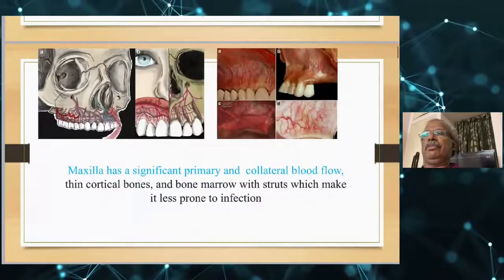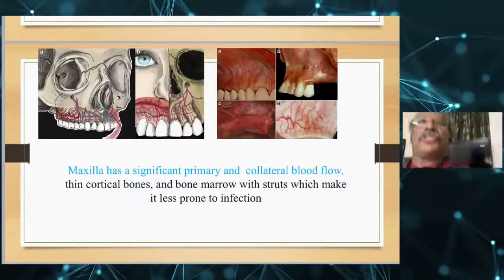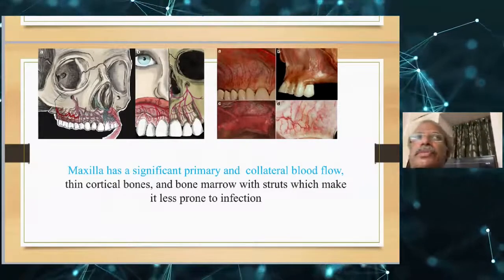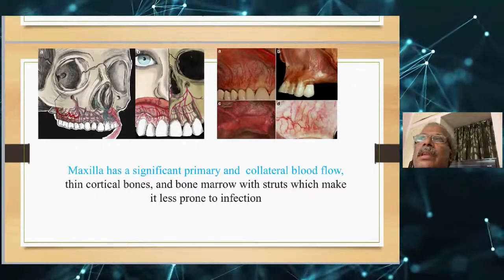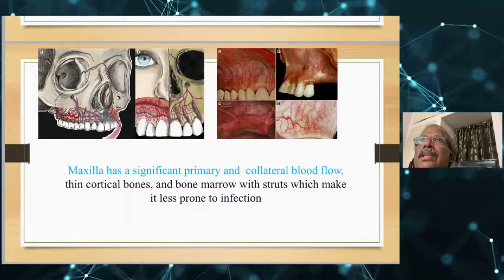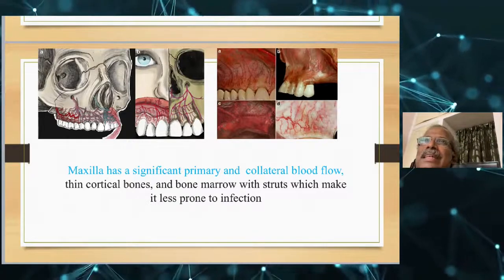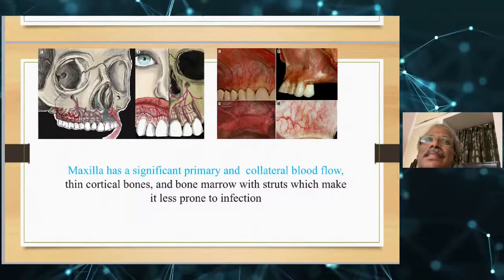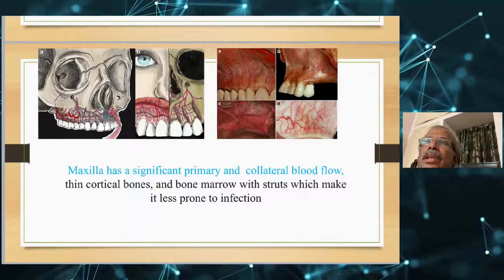This picture will show you how good the maxillary blood supply is in comparison to the mandible, where the mandible relies purely on endosteal and periosteal blood supply. It is like a tubular bone.